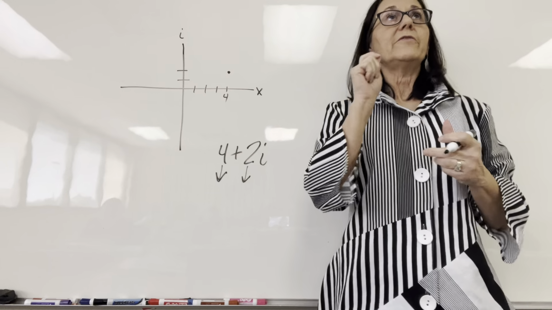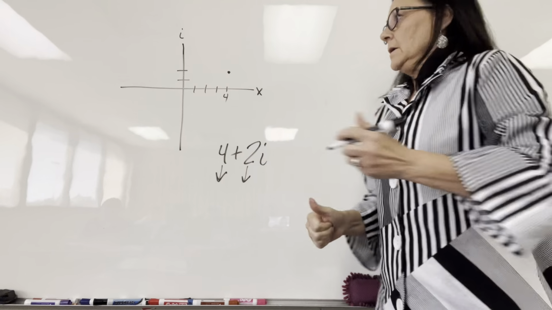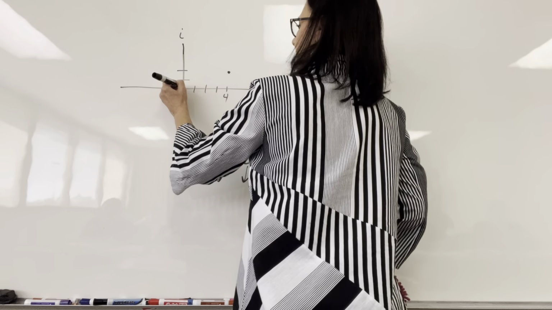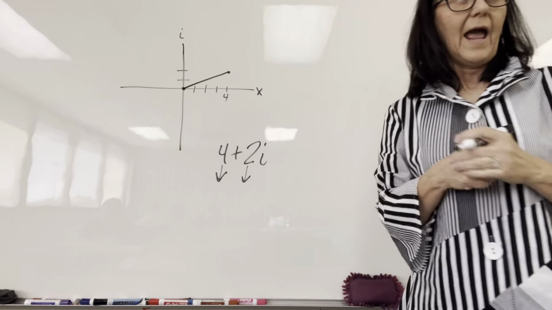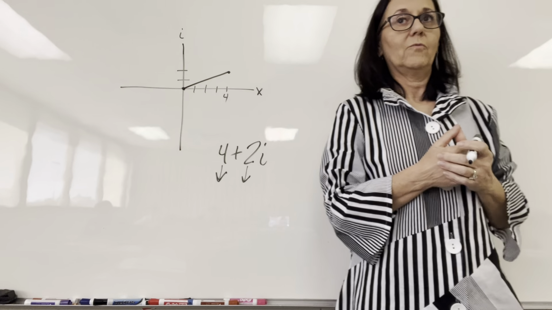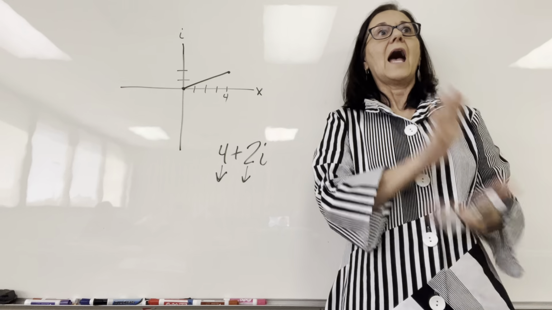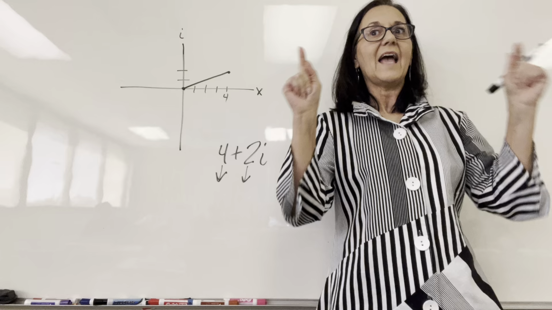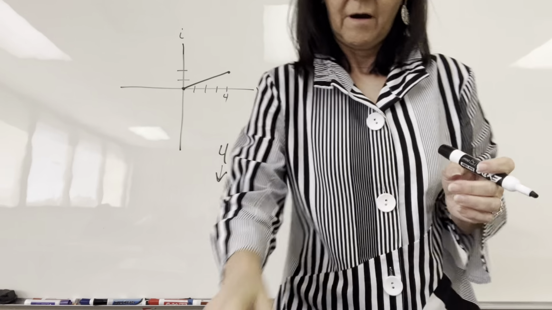So I want you to think vectors, such that this is a vector from the origin to that point. Now we can draw a right triangle. Where do we always draw the right triangle to? The x-axis, 100% of the time, never the y-axis.